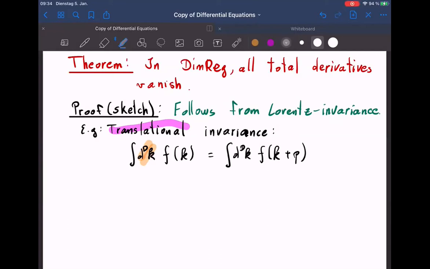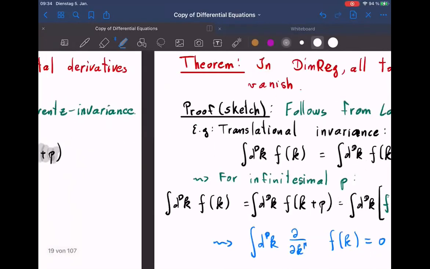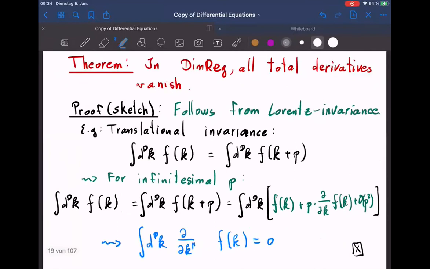So it means that if I shift the momentum k by p, the integral doesn't change. That's what translational invariance tells me. Let's assume p is infinitesimal. Then, of course, I can expand in p, and I get this thing here.